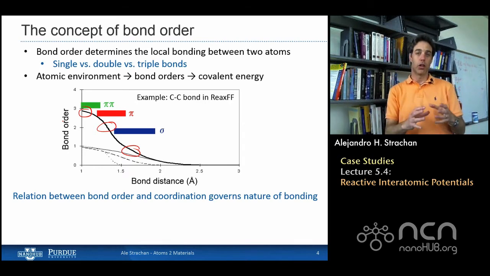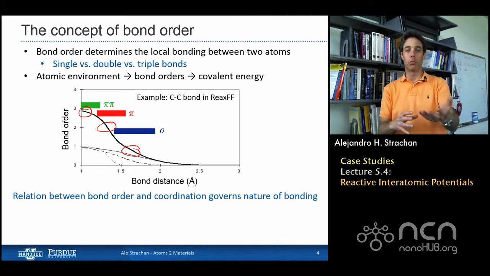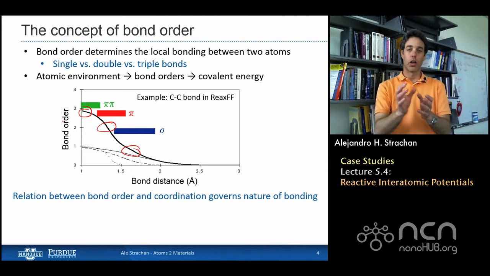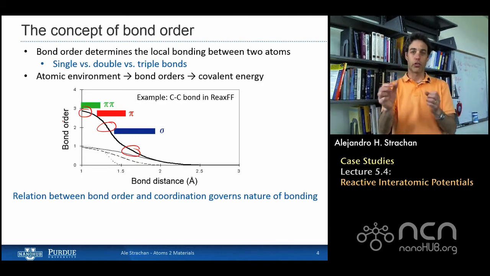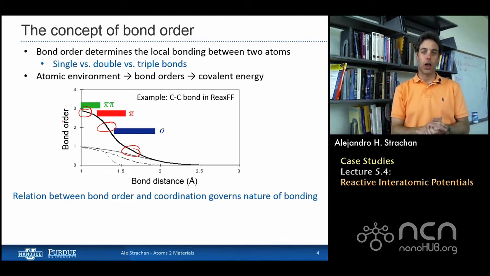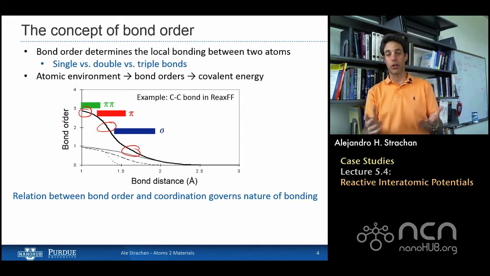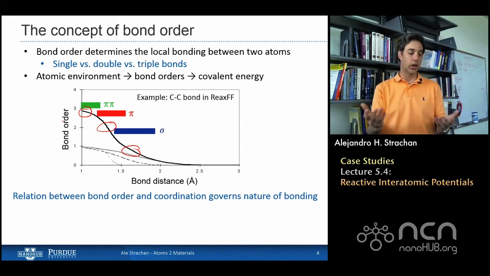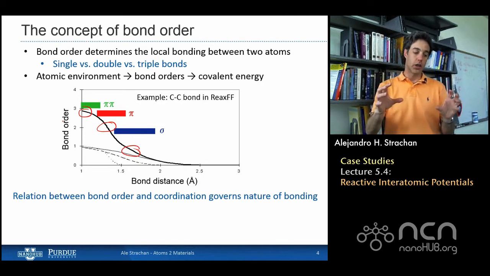If the material strongly penalizes the creation of multiple bonds, then that atom is going to bond very judiciously with a few neighbors. In principle, we can only make one bond, like hydrogen, H2.